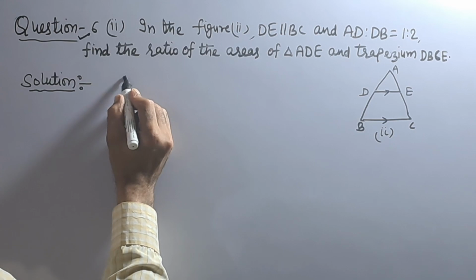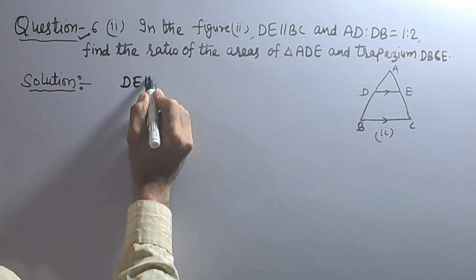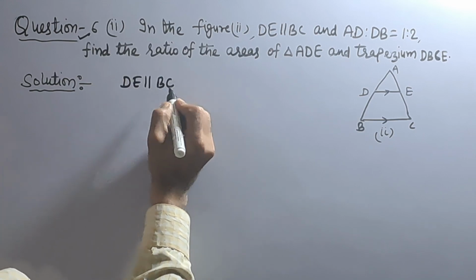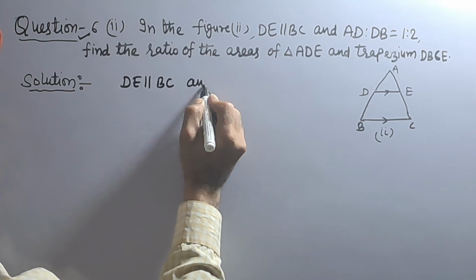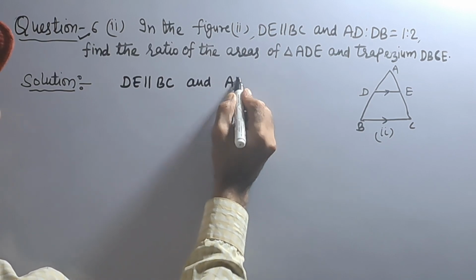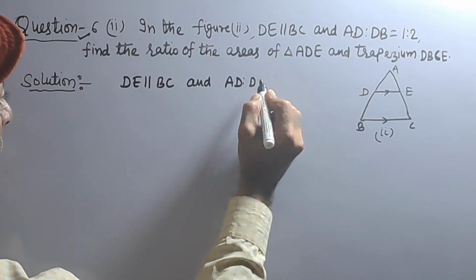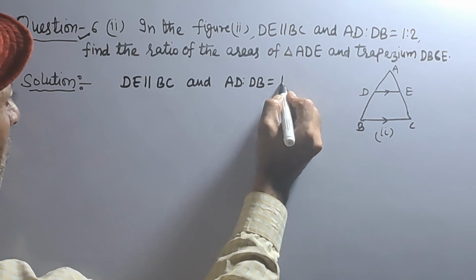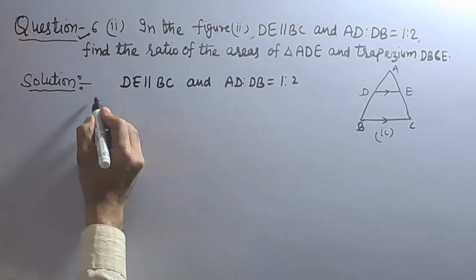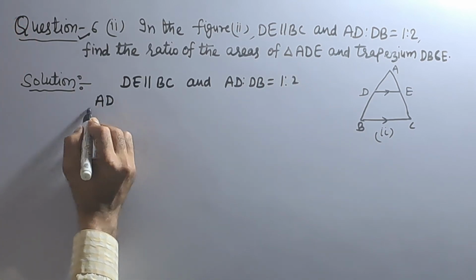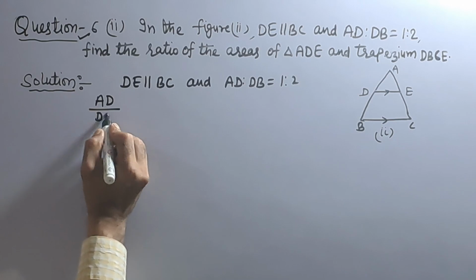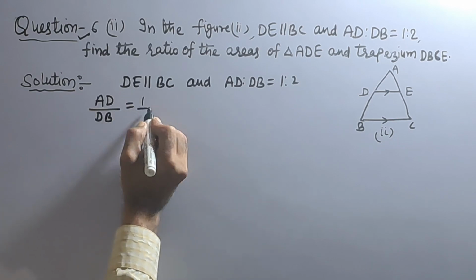Given: DE is parallel to BC and AD ratio DB is equal to 1:2. AD upon DB is equal to 1/2.